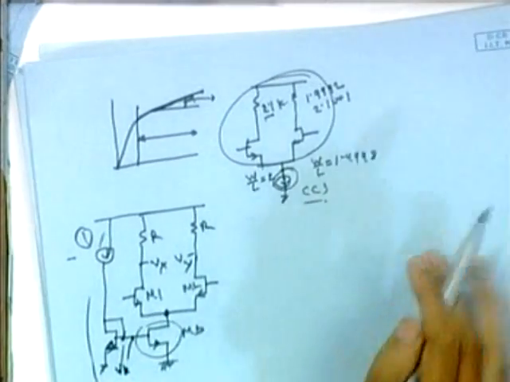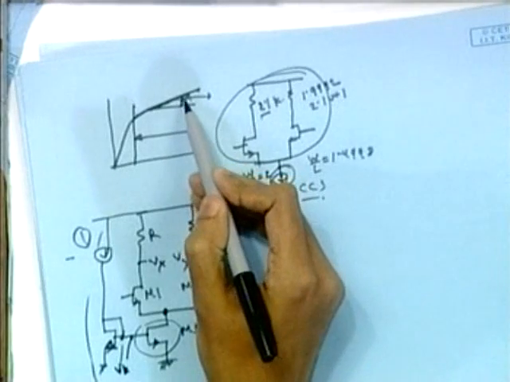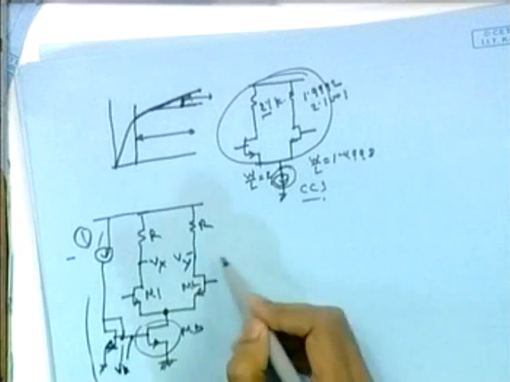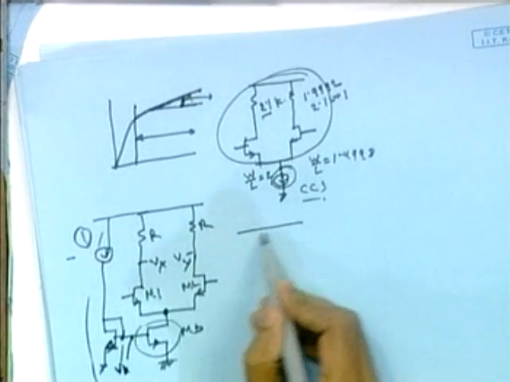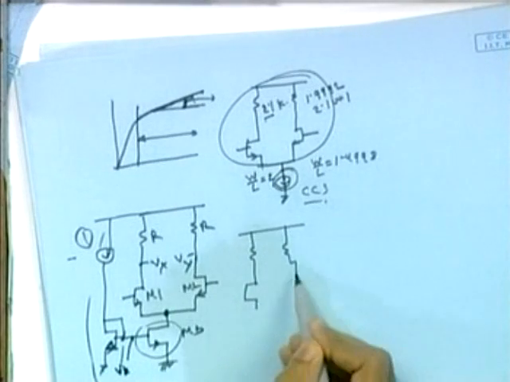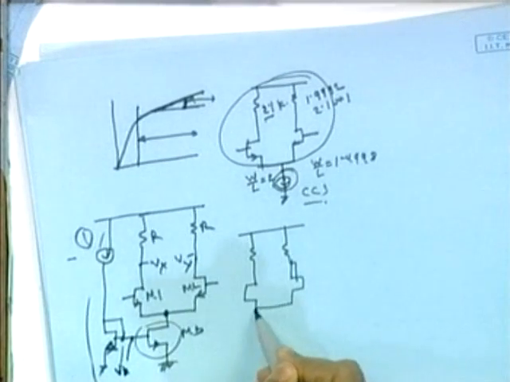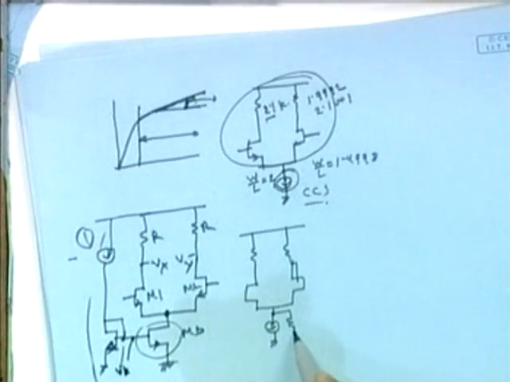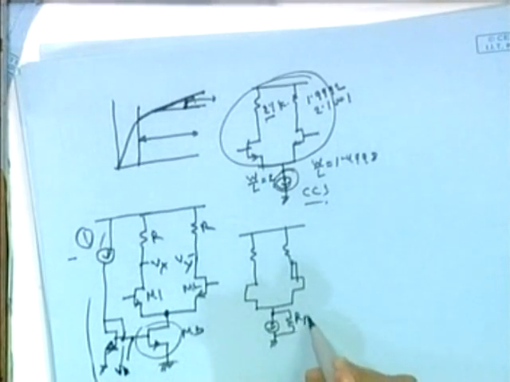Okay. But here you see that there is a finite resistance which is the inverse of this slope. So we can replace this as an ideal current source in parallel with a resistance, call it Rp.